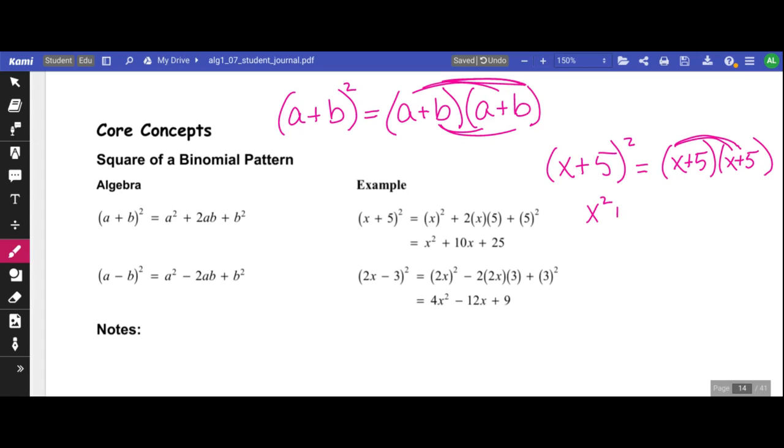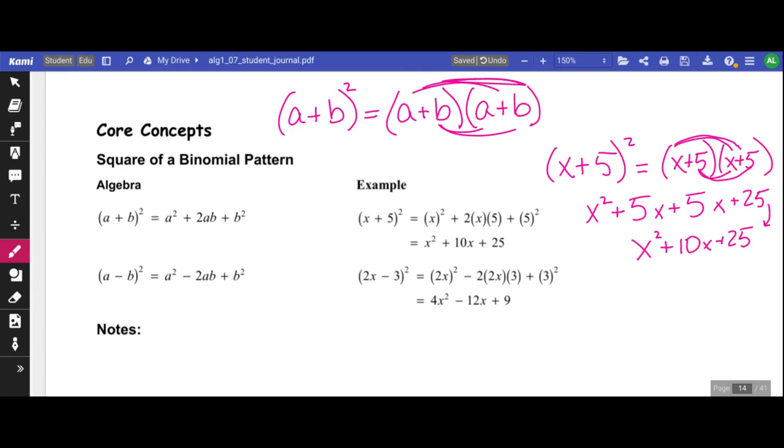Outer, x times 5, I've got 5x. 5 times x is also 5x. And I've got 5 times 5, I get 25. So that's going to simplify. I'm going to combine my like terms, and I'm going to get x squared plus 10x plus 25.